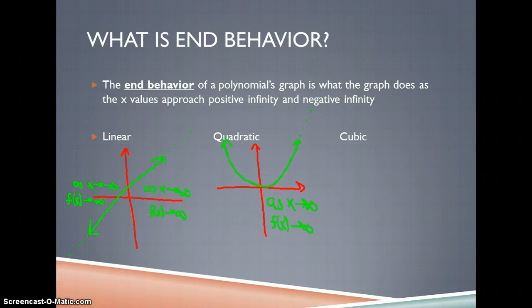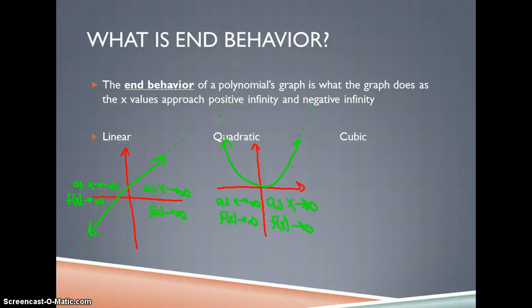Now as x goes to negative infinity out the left here, these are continuing to go up. So f of x also goes to positive infinity. That's a quadratic.